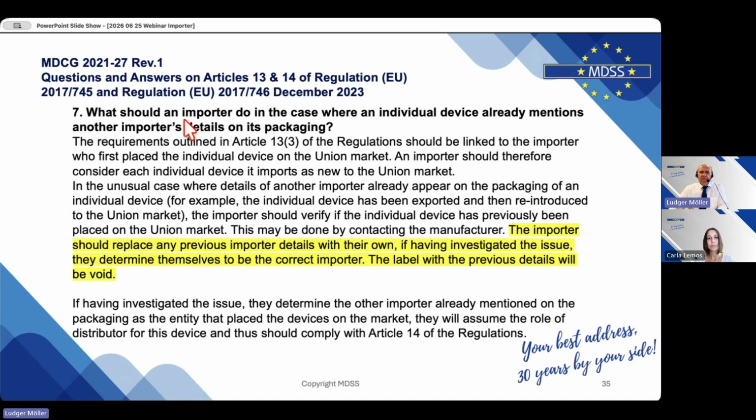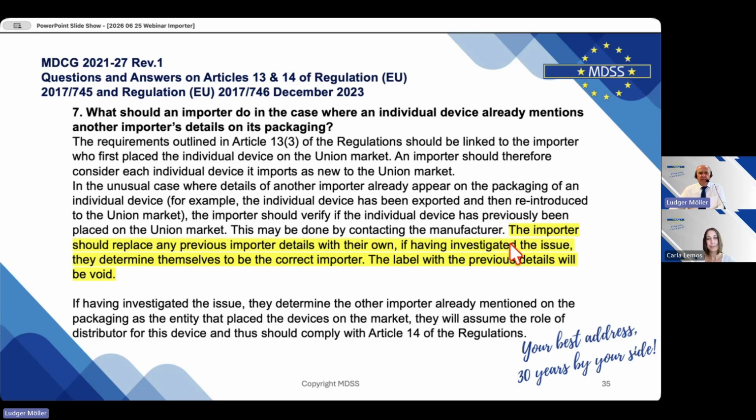So there's another thing on the MDCG documents, and that's what I wanted to, maybe what I forgot to say, and that comes to my mind with one of the questions. If I am as an importer, I buy the product, I'm in customs, etc., I may have to take off any other one who is identified as the importer.